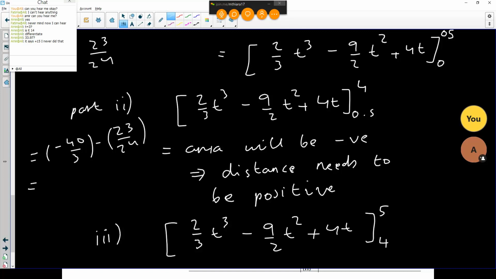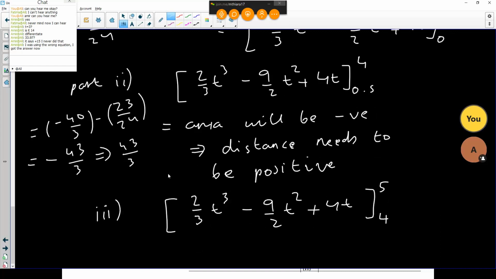So I get an area which is going to be minus 40/3 minus 23/24, and that gives me minus 43/3. Now this is a negative area on the graph, but the distance travelled can't be negative, so therefore I need to turn this positive, and this therefore will end up becoming positive 43/3.